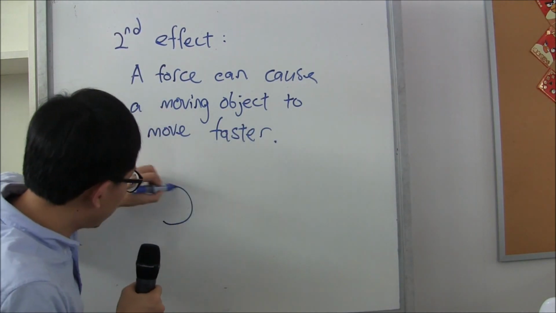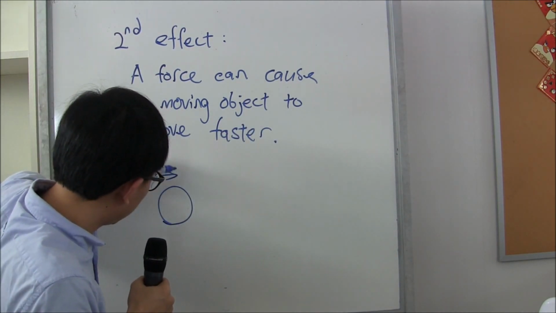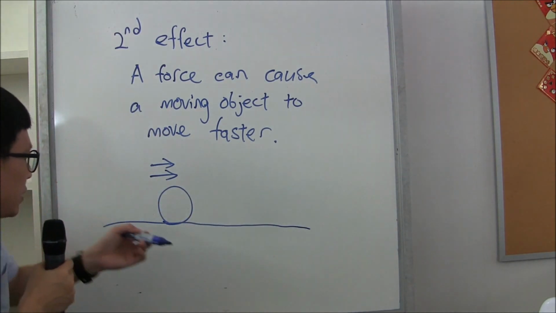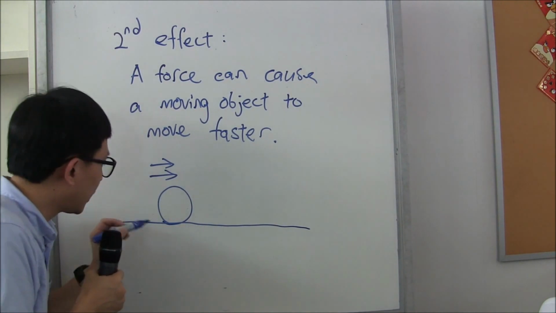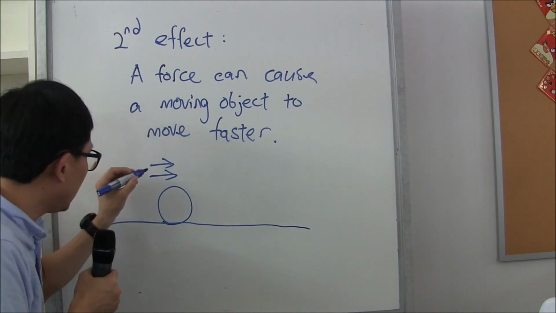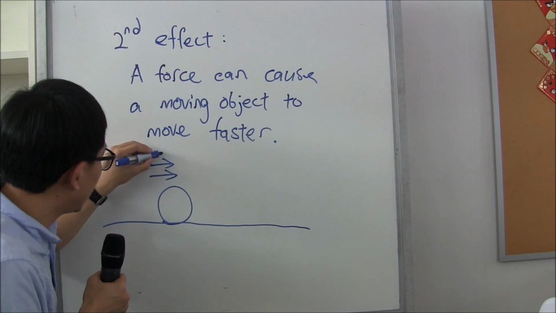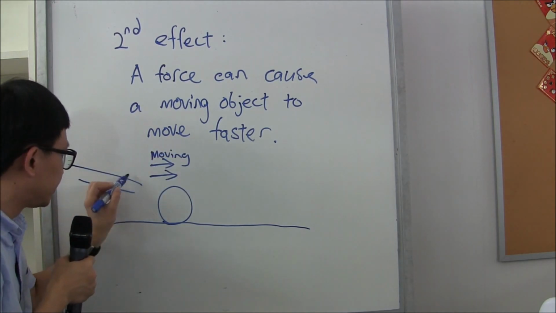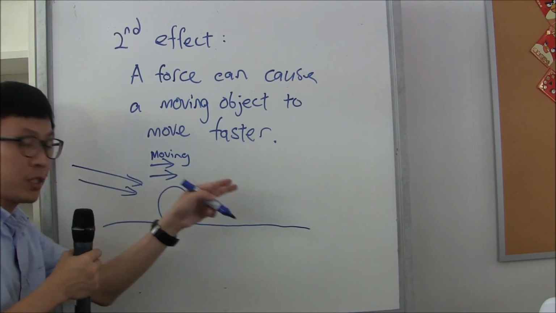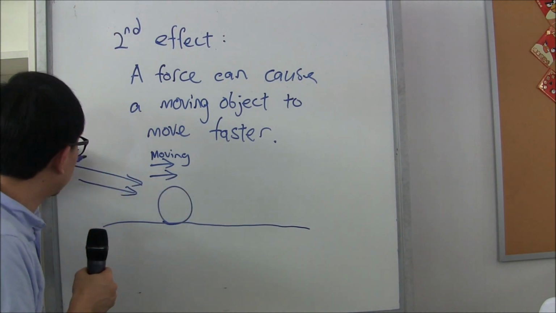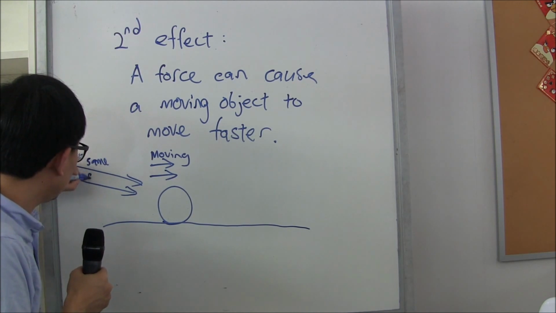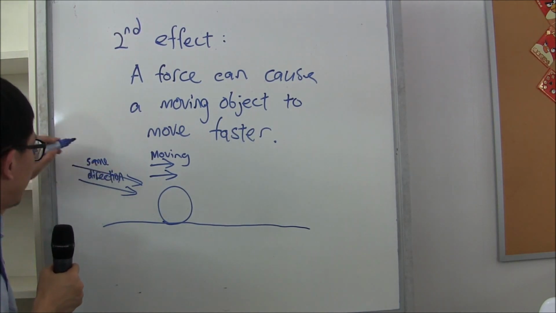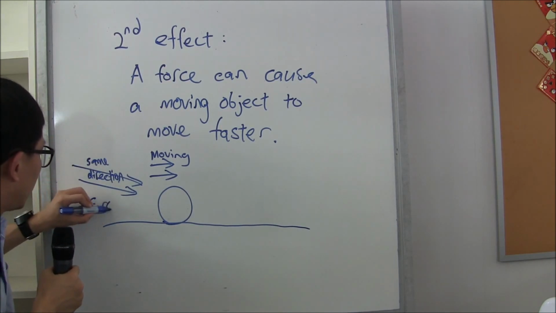If an object is already moving, look here at the illustration again of perhaps a ping pong ball. A ping pong ball that is moving in this direction. If you were to apply a force to it in the same direction, guess what is going to happen to the ball?